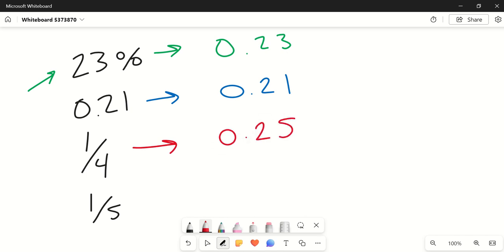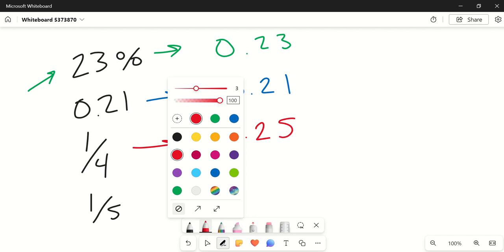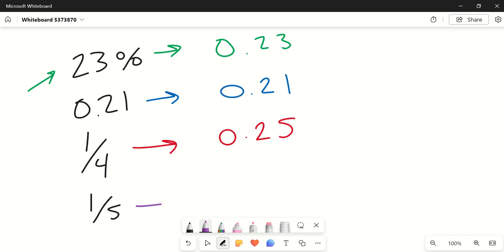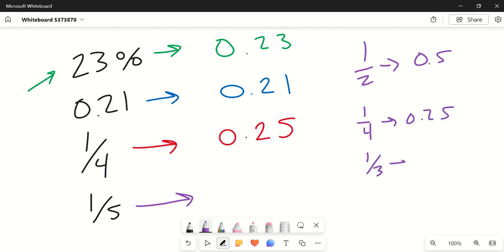Now we're going to go ahead and solve for the 1/5 the same way. Now 1/5 is not necessarily one of those fractions you should know by heart, but it wouldn't hurt keeping these in your notes. So again, like we did last lesson, 1/2 is the same thing as saying 0.5. 1/4 is 0.25. 1/3 is 0.3 repeating. 3/4 is 0.75.